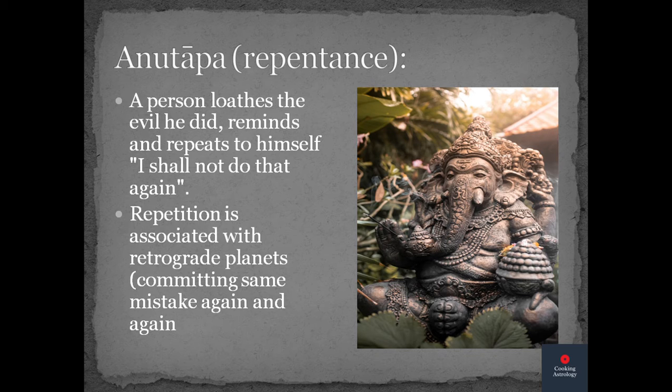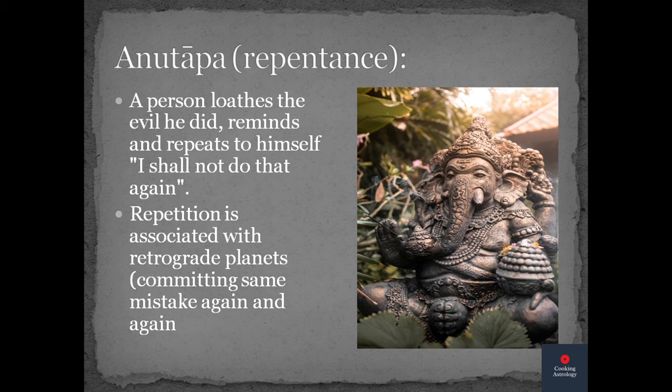Because Vakri Graha, or the retrograde planets, have some kind of past life karmas, some previous birth karmas that are closely associated with retrograde planets. And you must look into the retrograde planets very seriously, because past life karmas are associated with your 5th house as well.